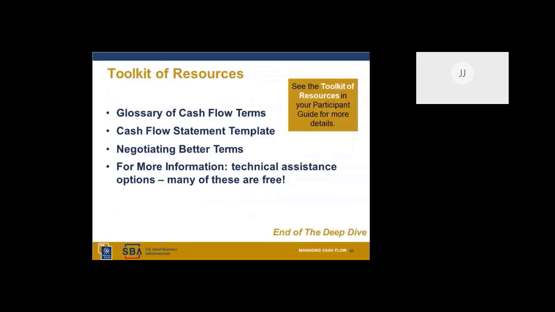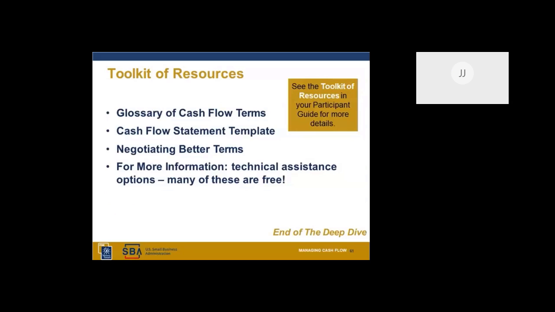The other thing I want to point out, this is in your participant guide, but this is also resources that are available to the participants in your training or the entrepreneurs that are participating. Again, you see this is a slide that comes directly from the module materials, but there's a glossary of cash flow terms so that entrepreneurs can be familiar with that terminology. There is a template cash flow statement if they want to look at that.